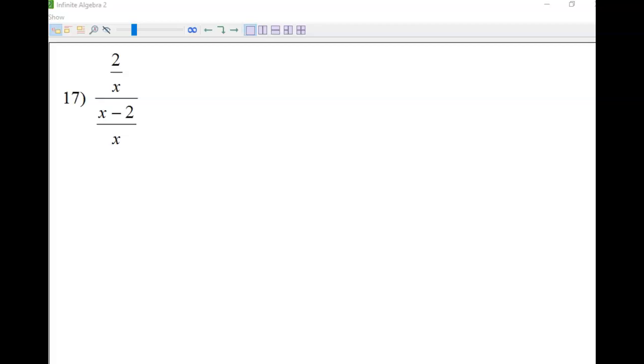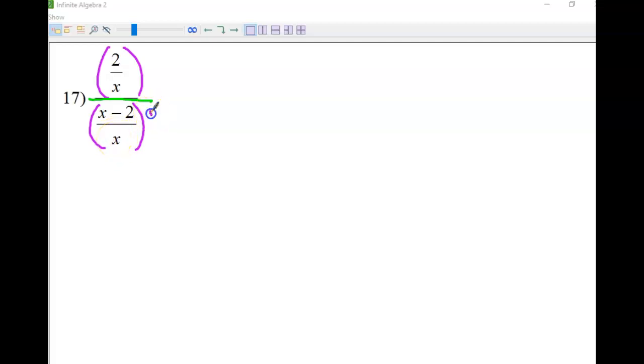Okay, so this is what we call a complex fraction. It's when you have a fraction inside of a fraction. We have two little miniature fractions inside of one giant fraction. Okay, so what we do is we want to get rid of the denominators of the little fractions. So in this case, I don't like this little x here.